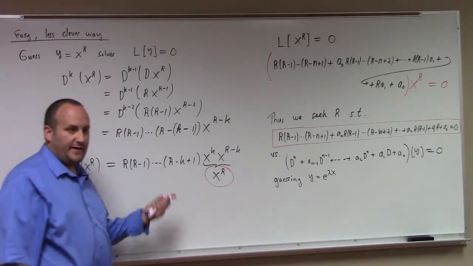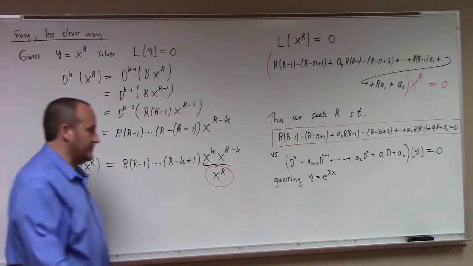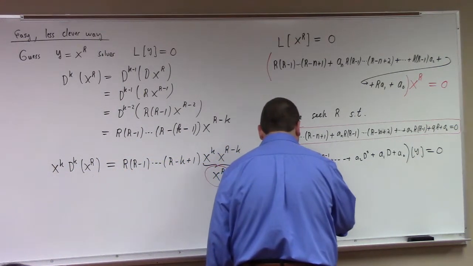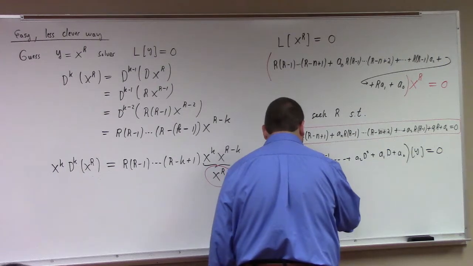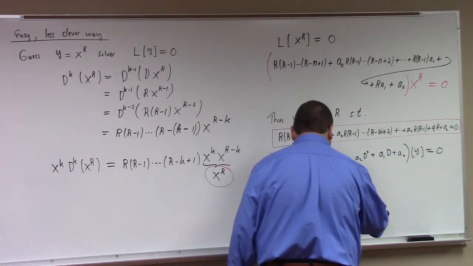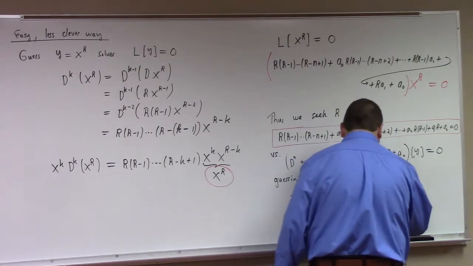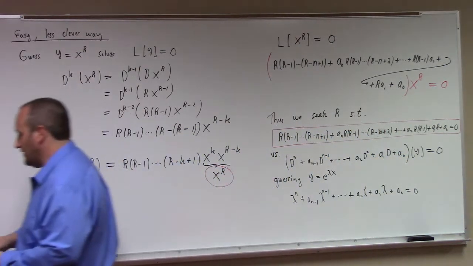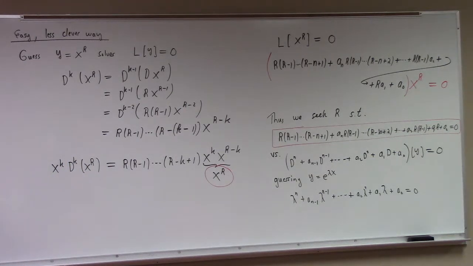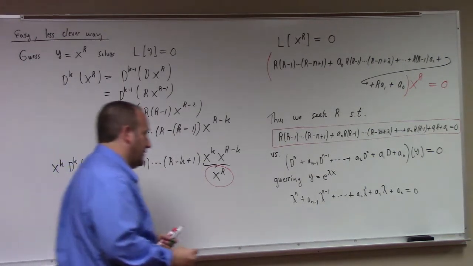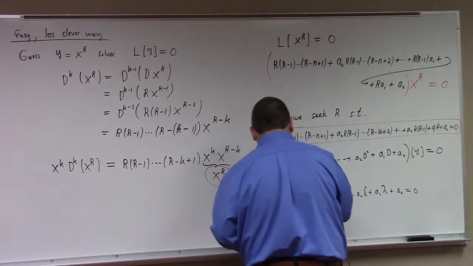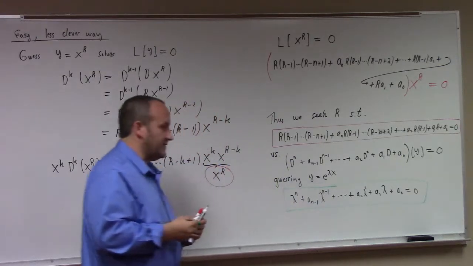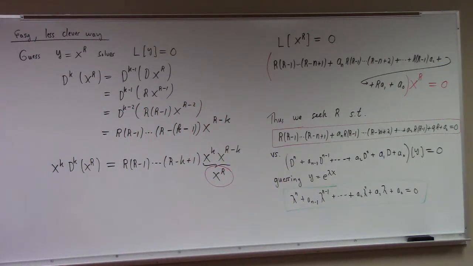And remember, we tried that guess. We plug it in. What was that calculation get you? It gets you lambda to the n plus a n minus 1 lambda to the n minus 1, and so on, plus a2 lambda squared plus a1 lambda plus a naught equals 0. So you can contrast the characteristic equation for the constant coefficient problem to the characteristic equation for the equidimensional problem, and you can see why I start with the green one, because it's much easier to think about, right?